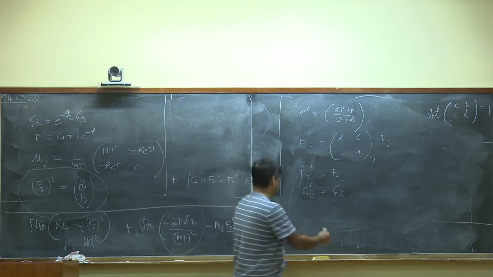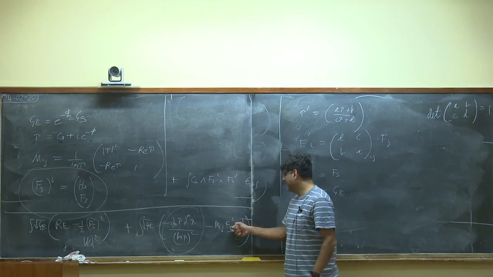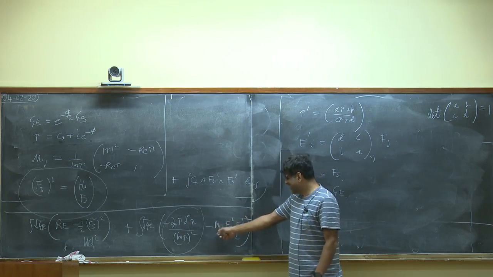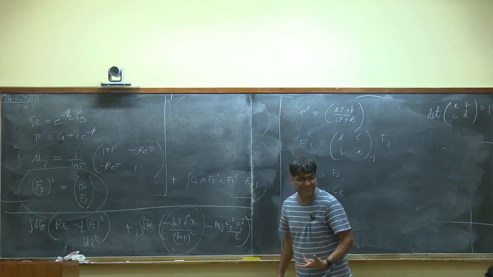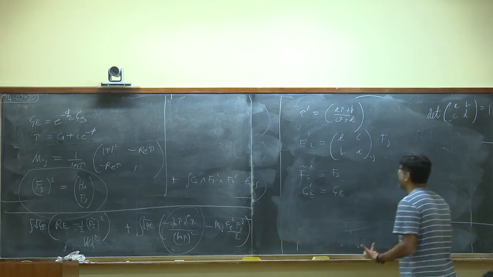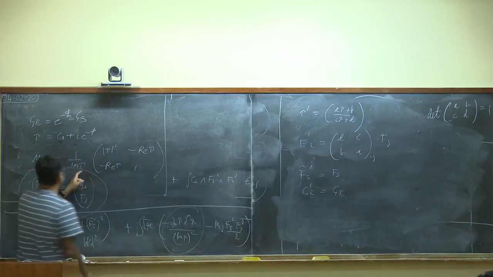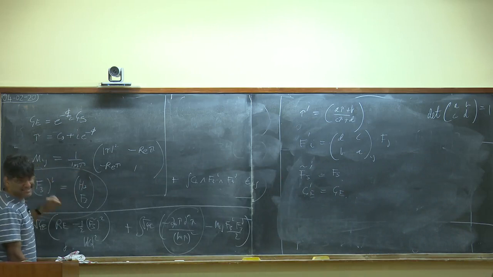So let's just see it. It's basically that this is a metric, and it transforms like the inverse of this F business. Okay. Now we have to check how M transforms. So it's a question of how M transforms under SL2R.